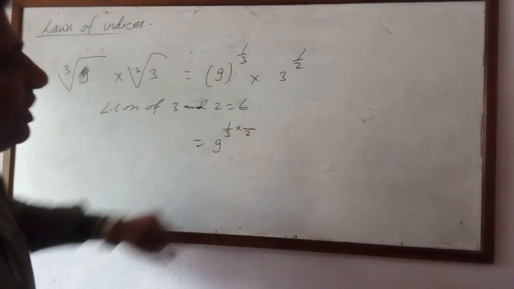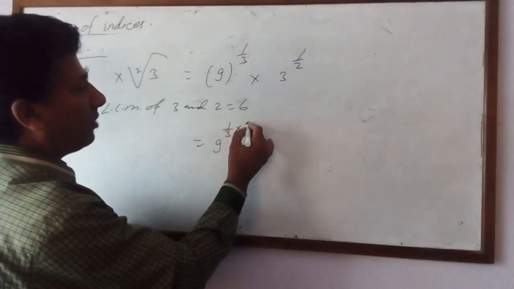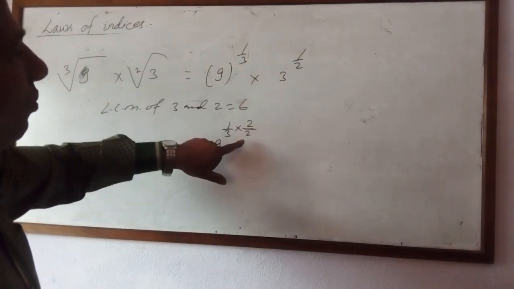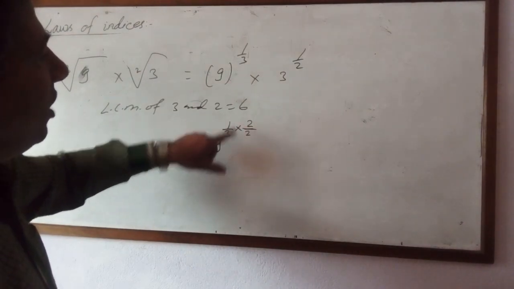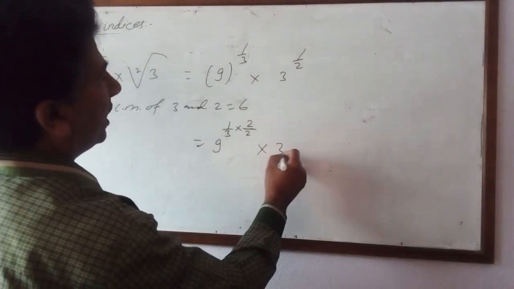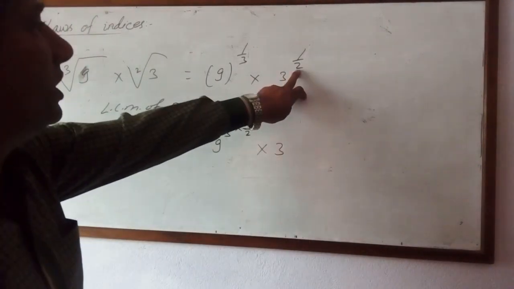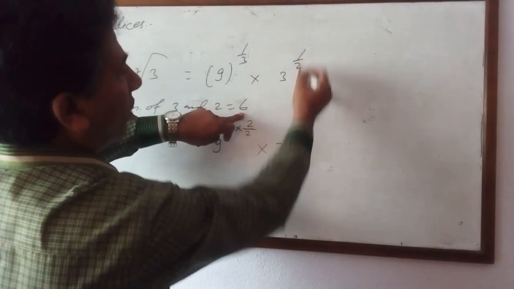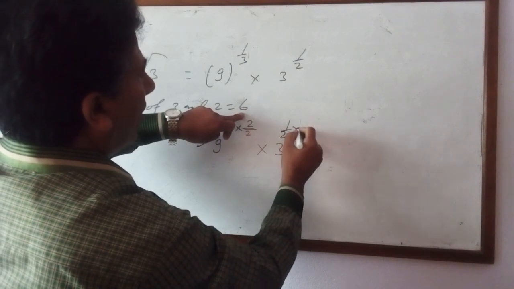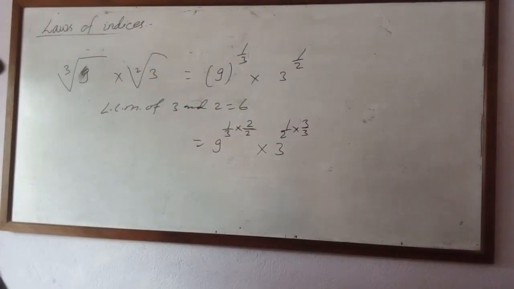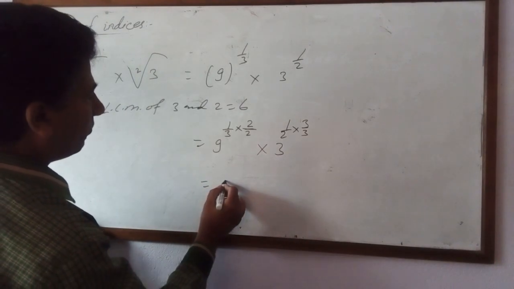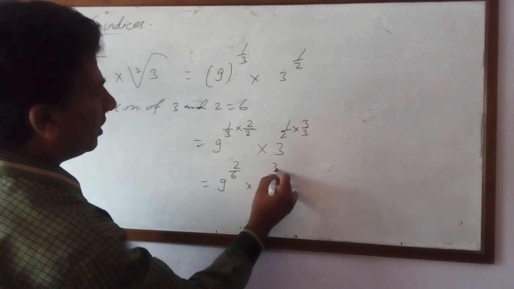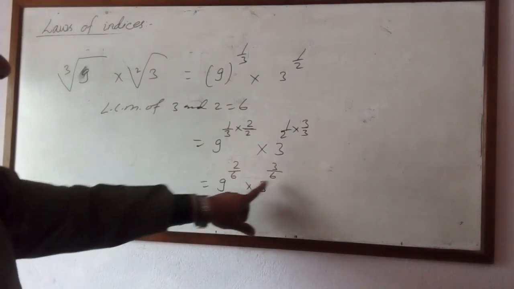We cannot do this on only one side, so we multiply numerator and denominator by 2. Here also, 3 has the power 1 by 2, and 2 divides the LCM 3 times, so multiply 1 by 2 times 3 by 3. This will be 9 power 2 by 6, and 3 power 3 by 6. Now here also 6, here also 6.